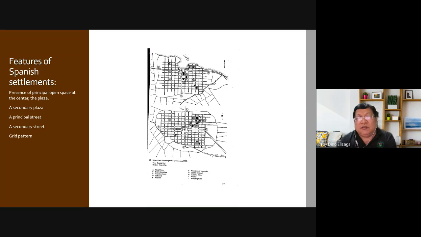Some of the streets, of course, are now wider and cemented, but that's the same street. I'm talking about Magallanes, Colon, even that part along the Plaza Independencia. So some of them remain, and this is something that can still be preserved.